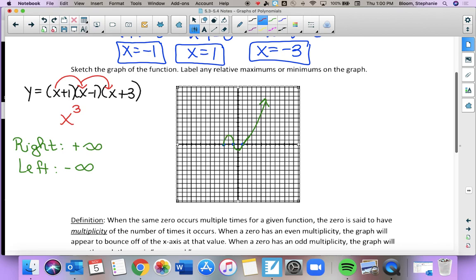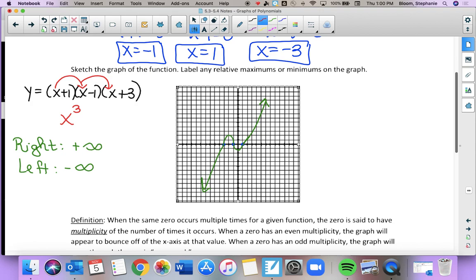How do I need to be ending over here? And that's my function. So we do not care what's happening in the in-between. This is a sketch. We're not plugging in points. If you know your real solutions or your zeros, put them on your graph, get your end behavior, you're done. Okay? It's just a sketch.